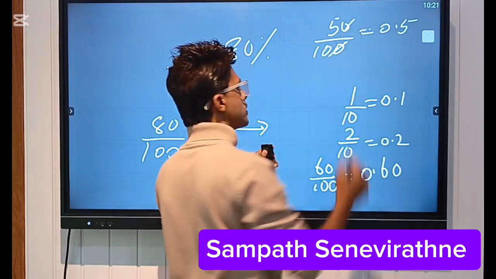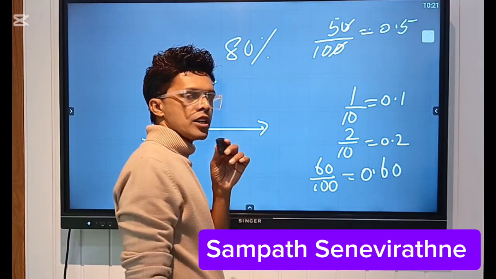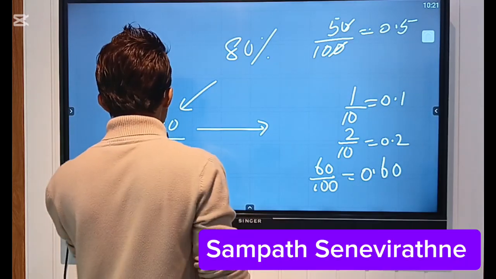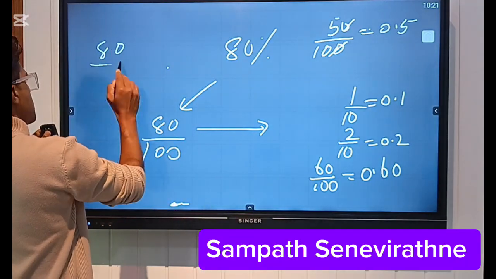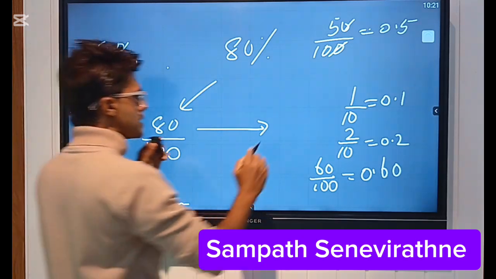You can cancel this 0 and this 0, after that it remains 5 over 10, which equals 0.5. Likewise, 80 over 100, you can cancel the zeros, then 8 over 10 equals 0.8.